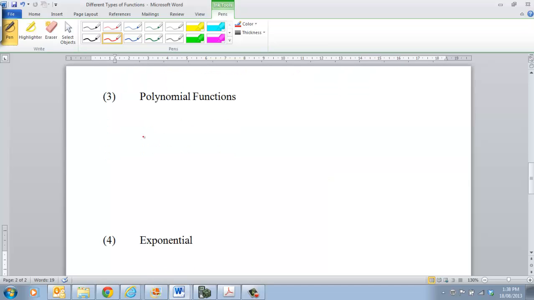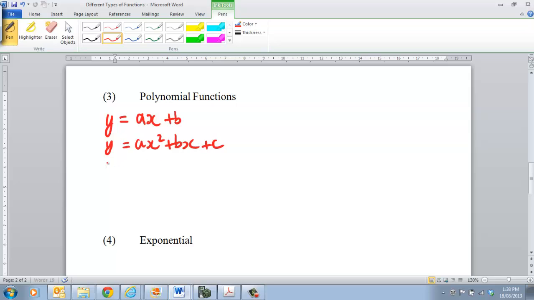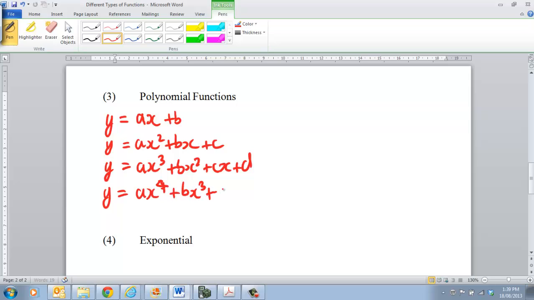Now, the next type of functions that we're looking at are called polynomial functions, and all of these things here are what we classify as polynomial functions. Alright, so they are in the form of y is equal to ax plus b, y is equal to ax squared plus bx plus c, y is equal to ax cubed plus bx squared plus cx plus d, y is equal to ax to the 4 plus bx cubed plus cx squared plus dx plus e.